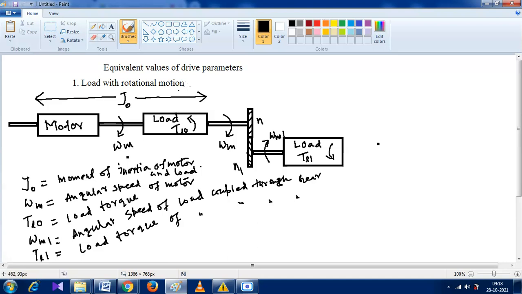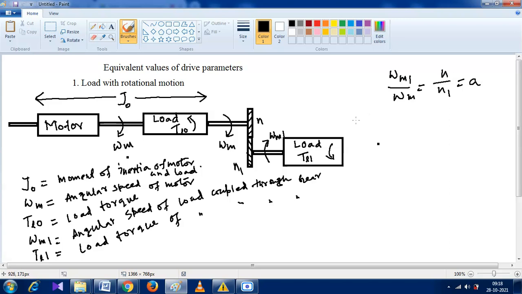First, we consider the ratio of the gear teeth. Suppose we write omega m1 by omega m is equal to n by n1 is equal to a.